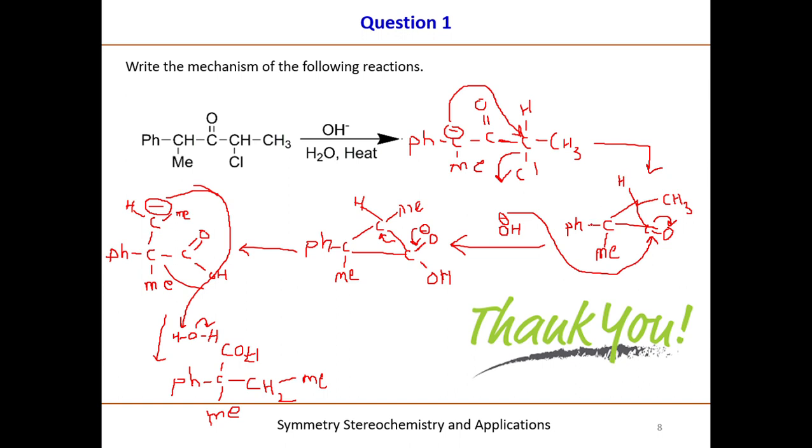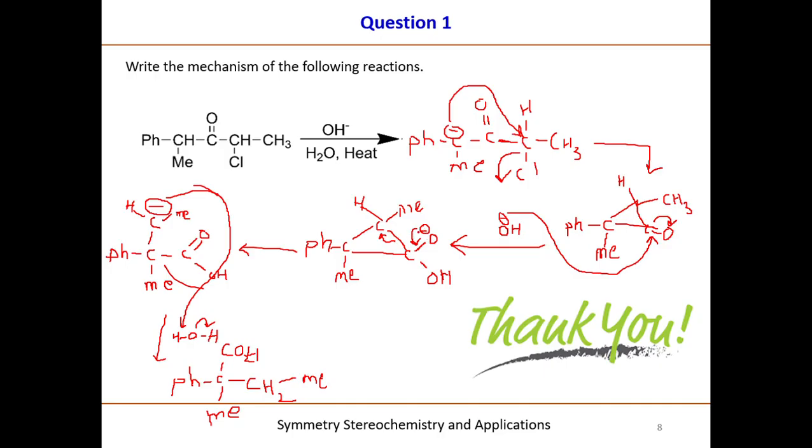Then this cyclopropanone ring will undergo cleavage to give the corresponding intermediate. How will it undergo cleavage? The OH will attack this carbonyl group to give this intermediate, which further undergoes reaction.